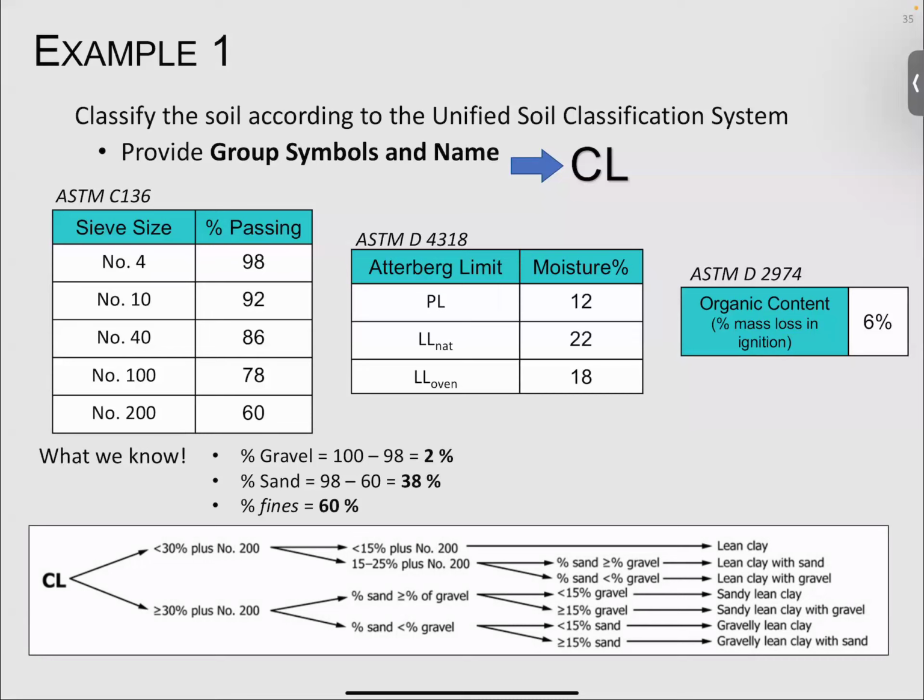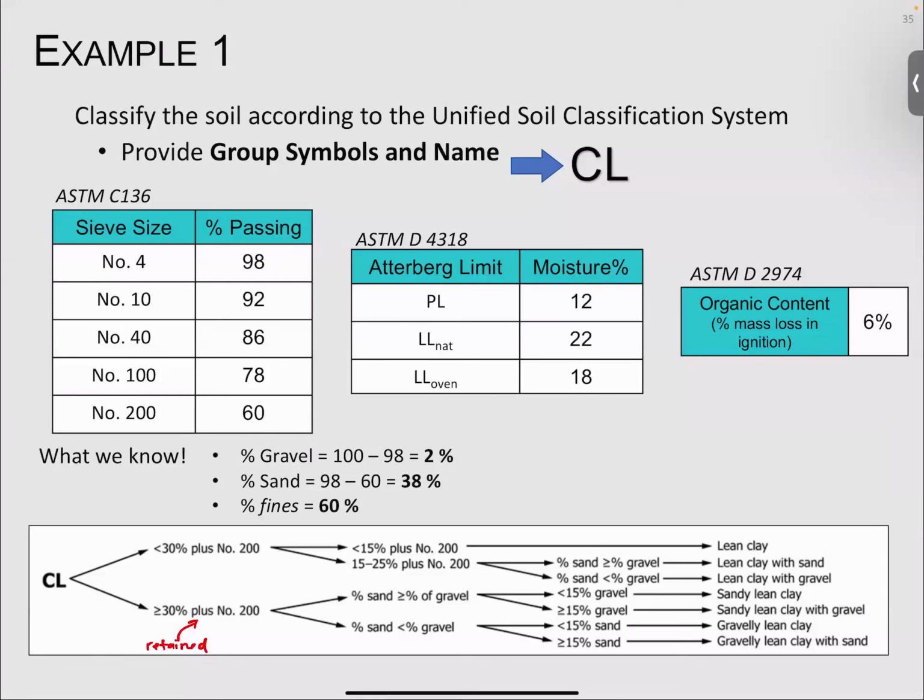We would look at this flow chart here. Do we have greater than or less than 30% plus, meaning retained on the number 200 sieve? Remember, this plus means larger than or retained. Greater than.